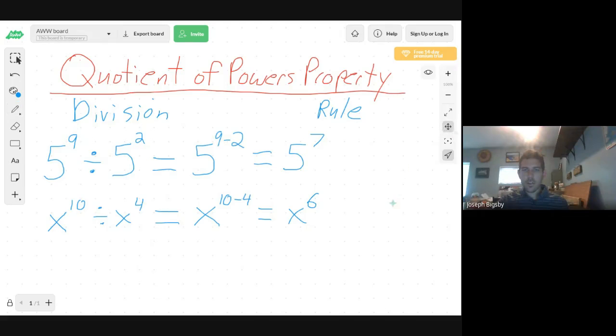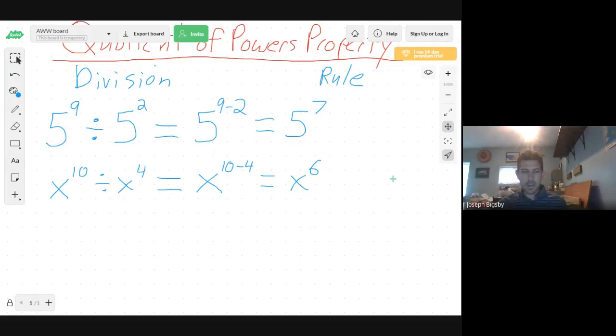Now, it's also important to know that sometimes we see division not written horizontally like this, but sometimes we see division written as a fraction bar. So let's say we have y to the 15th power divided with a fraction bar, y to the 3rd power. Well, a fraction bar means division. So again, we'll just keep our like base of y.